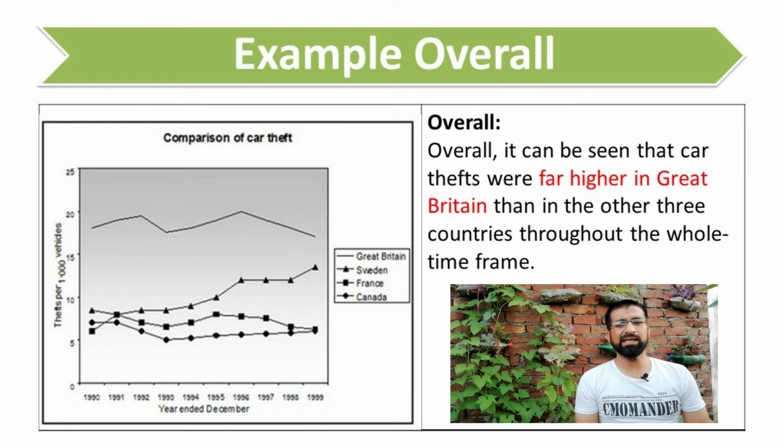As you have seen in this example, the most important trend has been mentioned without citing any figure from the diagram. Since we have discussed the introductory paragraph and overall of Task 1, now we need to move on towards writing your main paragraphs.